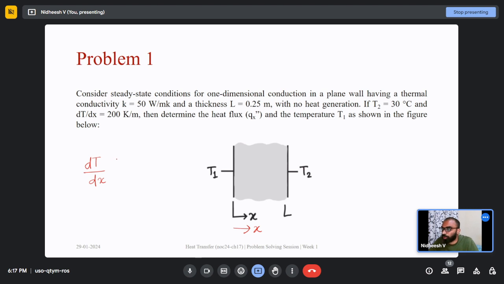Particularly in this case, when we say dT by dx equal to 200 Kelvin per meter, we are just saying that if we move say 1 meter in the x direction, the temperature would change by 200 Kelvins. Clear? Yes, sir.